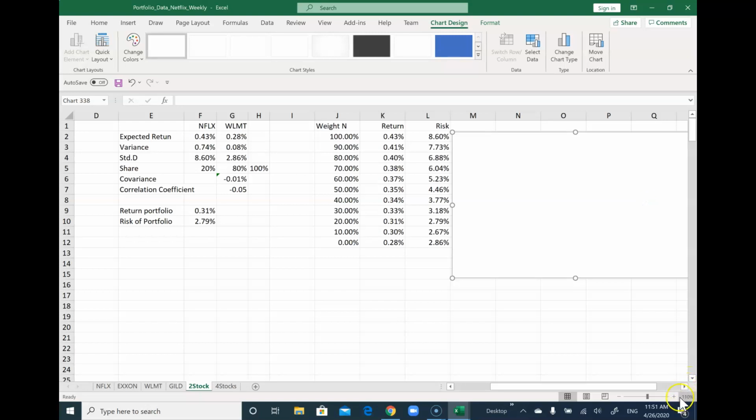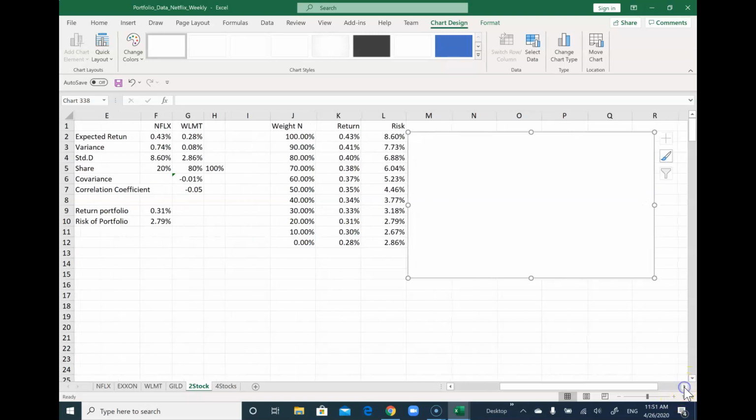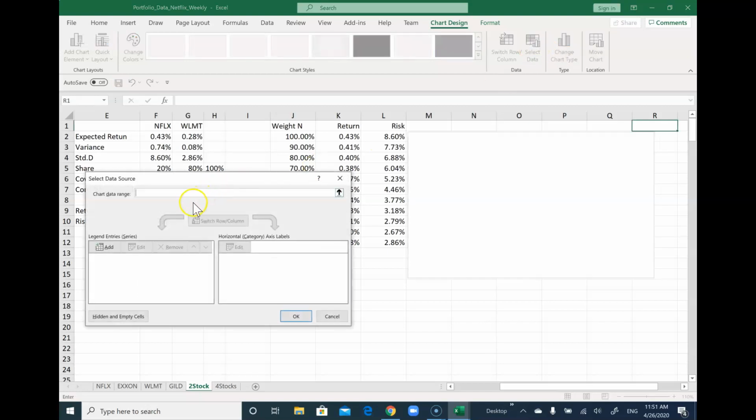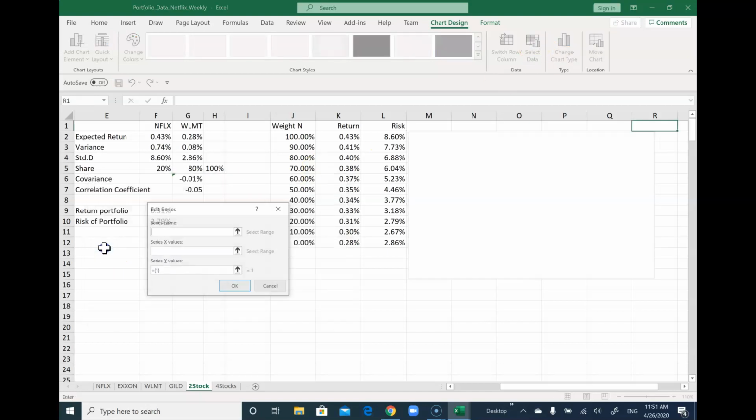Okay. And go to select data and click add. So portfolio, return risk. And as I told you before, we will use the risk as an x-axis variable.